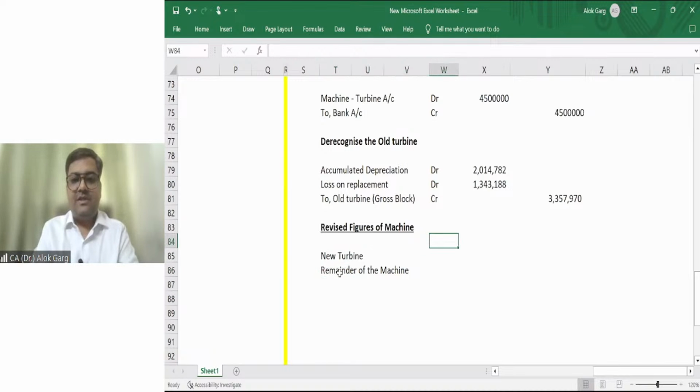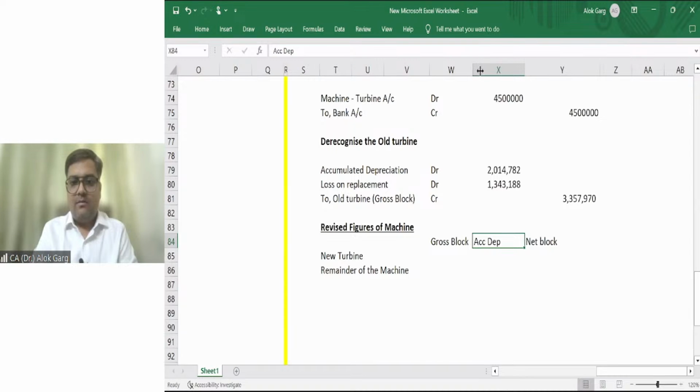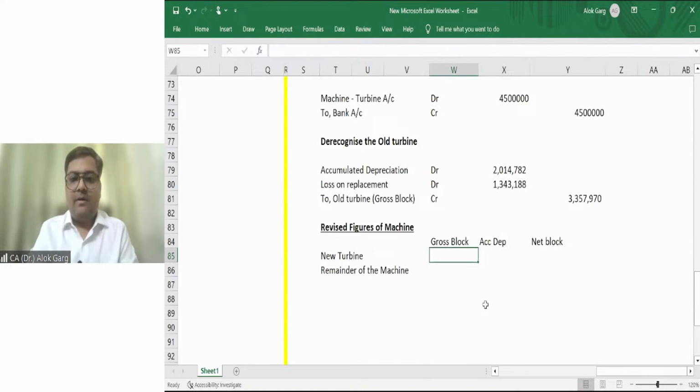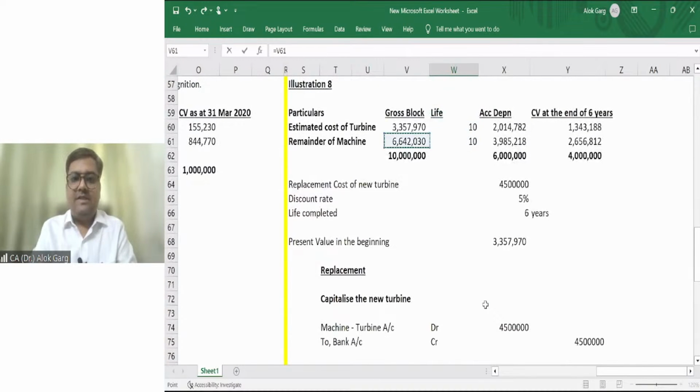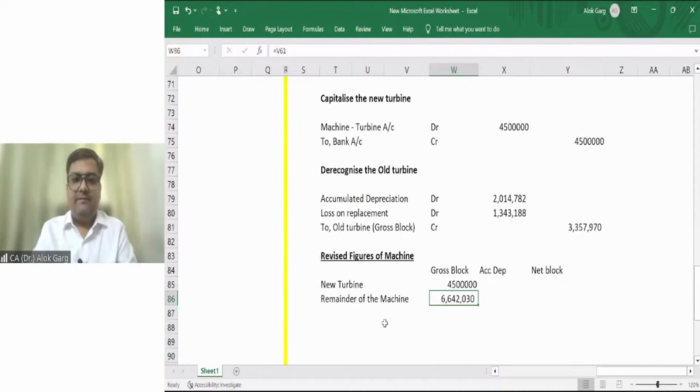In your fixed asset register, the gross block, accumulated depreciation, and the net block will be reflected like this. The value of the new turbine, since it has not yet depreciated, will be reflected here. Remainder of the machine gross block was what? Initially it was 66 lakh 42,000, right?